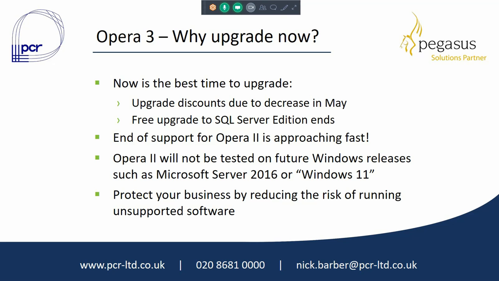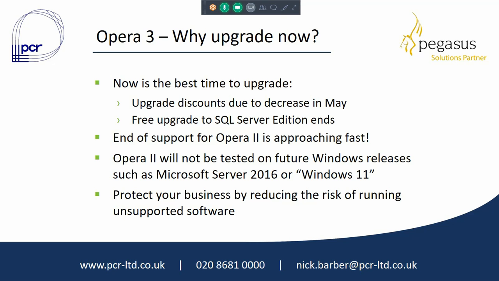In addition to that, whilst it's not been formally announced yet, we believe that end of support for Opera 2 is approaching fast. We've seen announcements such as that Opera 2 won't be tested on future Windows releases, such as Server 2016, which is already released as a server OS, but also future desktop OSs.